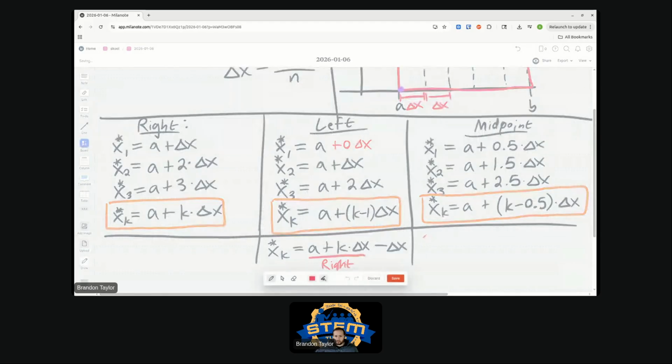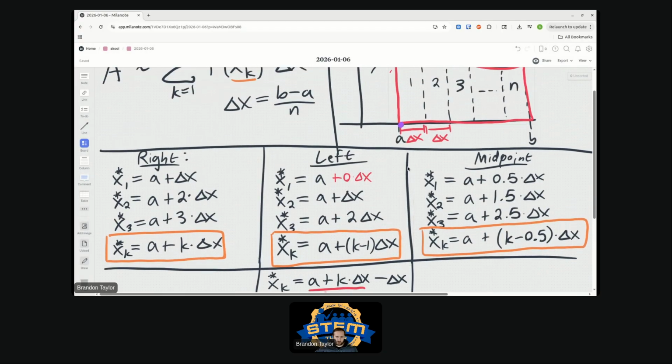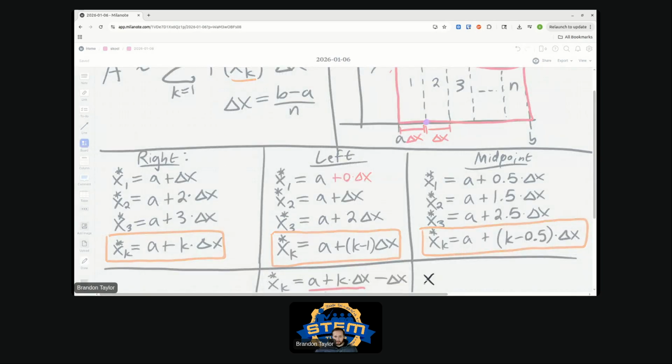Doesn't that kind of make sense? What does that mean? It means if you want to go to any partition, let's say the second partition, and you want to find the left Riemann sum, just find the right Riemann sum there, and then back up a full delta x. That'll automatically put you at the left. That's one way of looking at it. And with the midpoint, we have a similar situation.